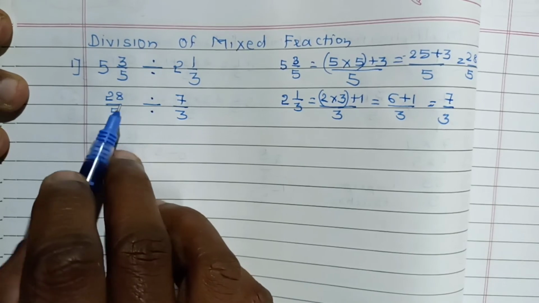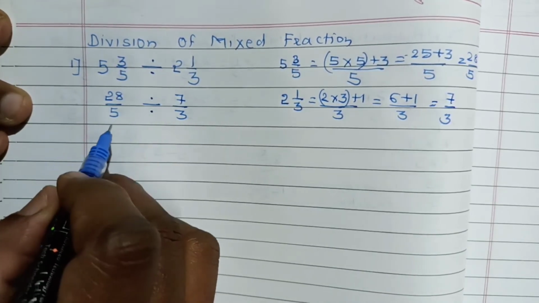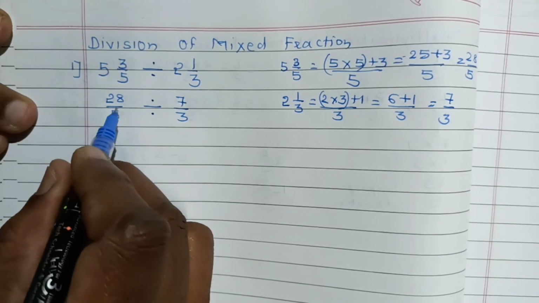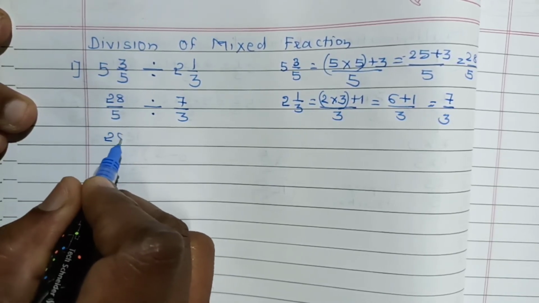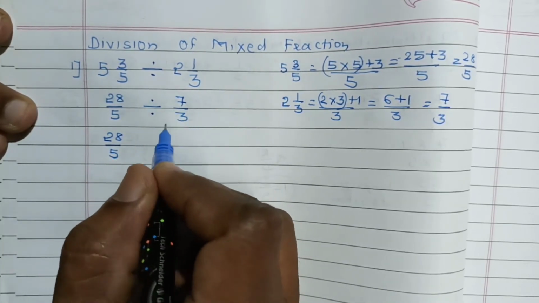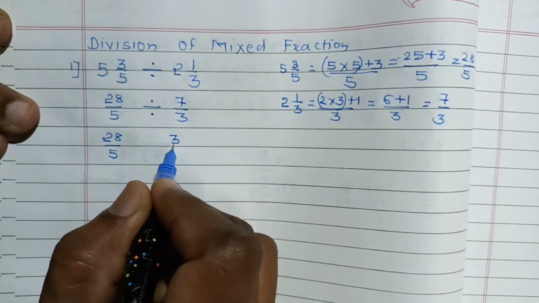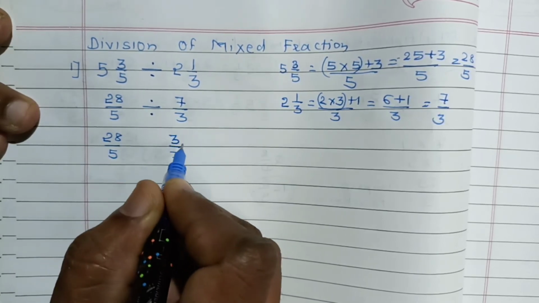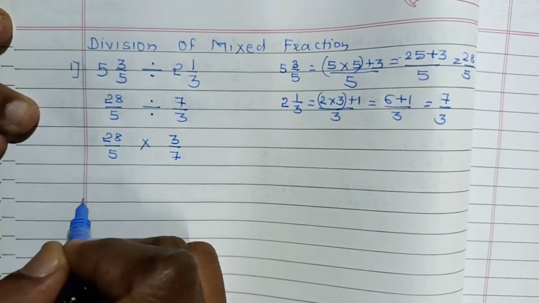For this division of 28 upon 5 divided by 7 upon 3, you have to write the first fraction as it is. So 28 upon 5, and this second fraction, you have to reciprocate. So you have to write 3 divided by 7. Reverse you have to write, and in between you have to write the multiplication sign.